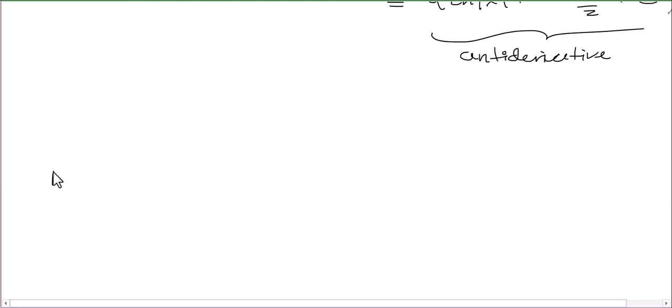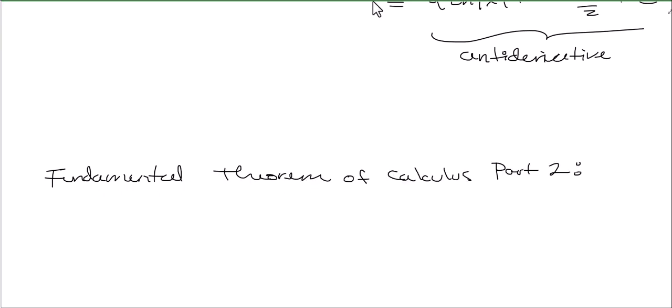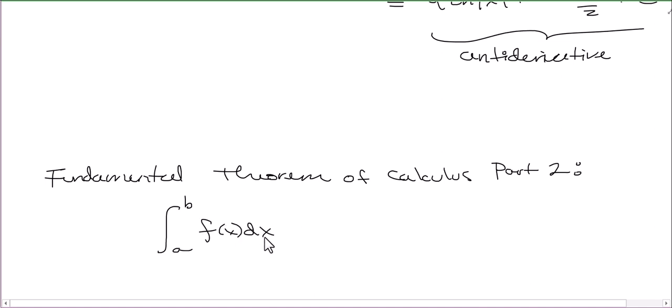So the Fundamental Theorem part 2, what it says is that if you have the definite integral, the integral from a to b of some function f of x dx, then this is equal to capital F of b minus capital F of a.